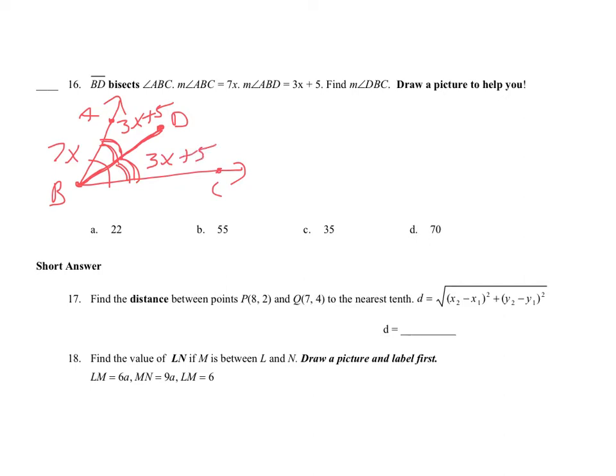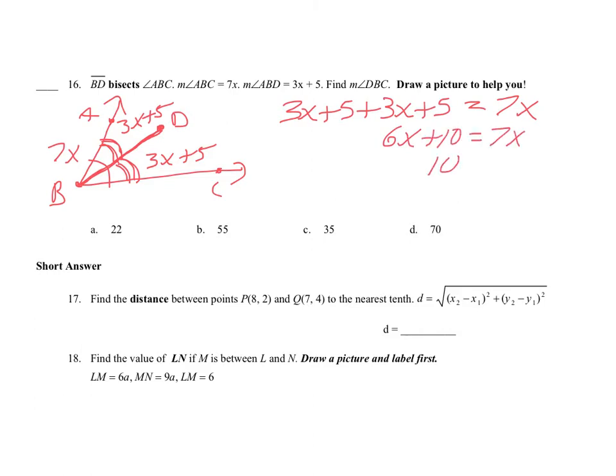How do we find the value of 3x plus 5? Well, we have to solve for x first, so we're going to write an equation that lets us solve for x. 3x plus 5 plus 3x plus 5 is going to equal the entire angle, which we found to be 7x. So 6x plus 10 equals 7x.